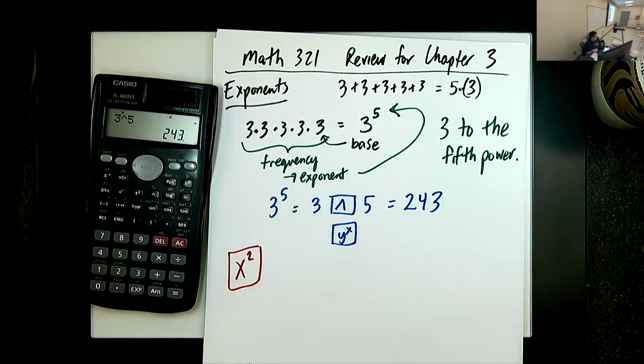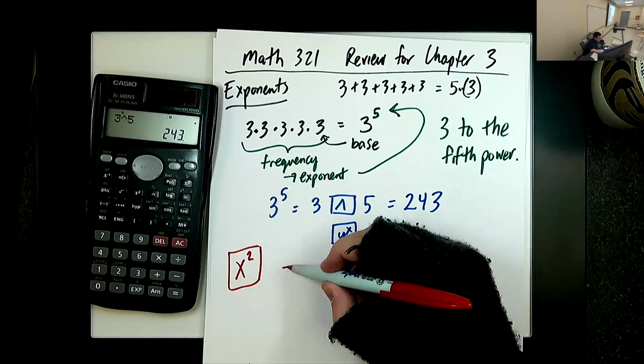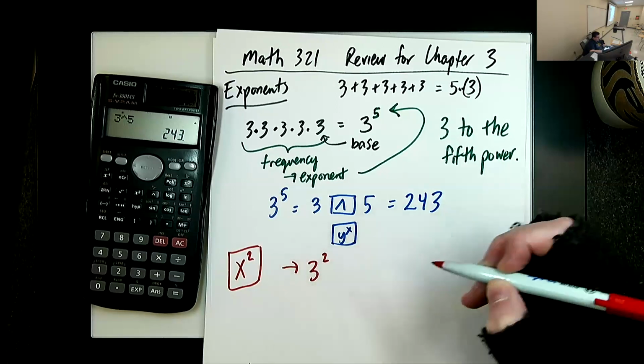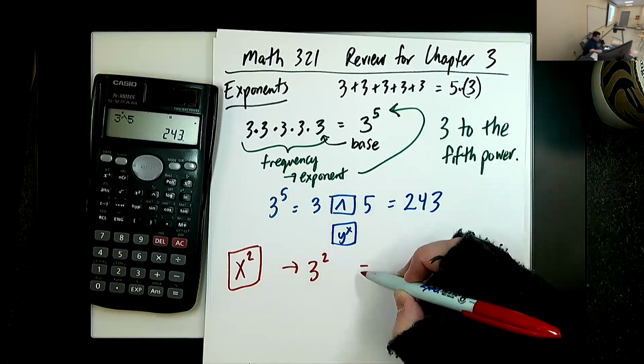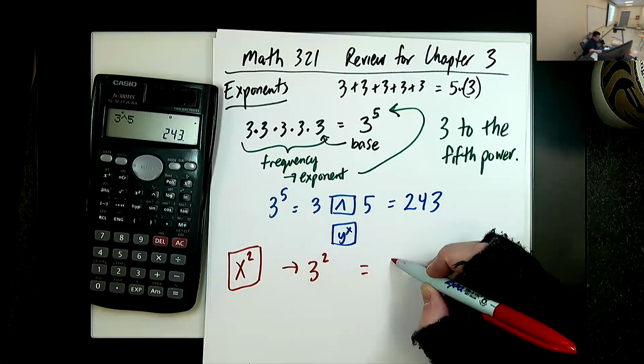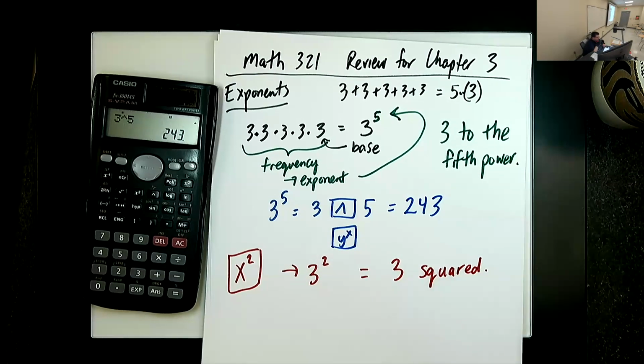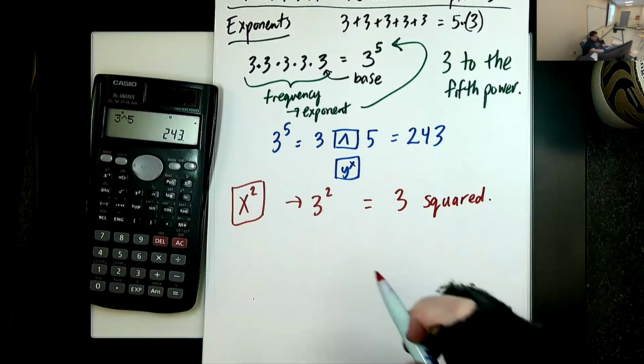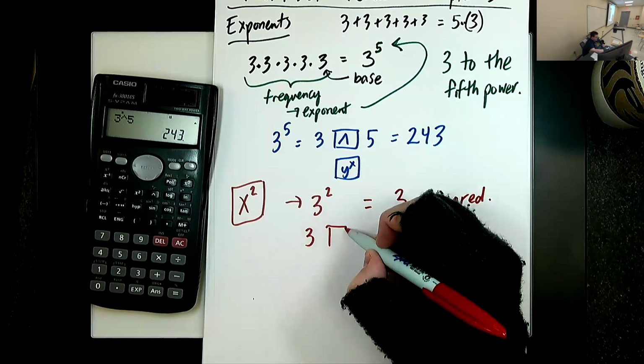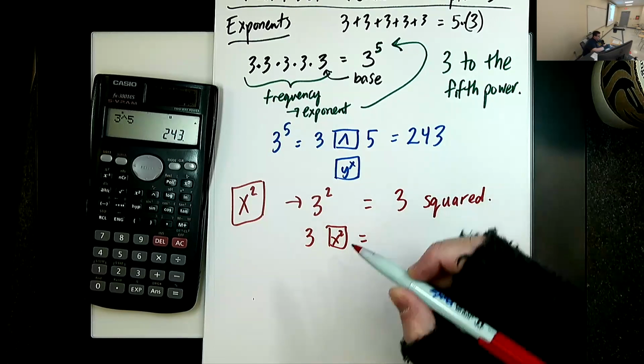It might say a Y with the 2 on it, it might say an N with the 2 on it, but it's usually an X. When we have an exponent to the 2nd power, we call that being squared. This is 3 squared. And I can literally hit 3 x squared equals.